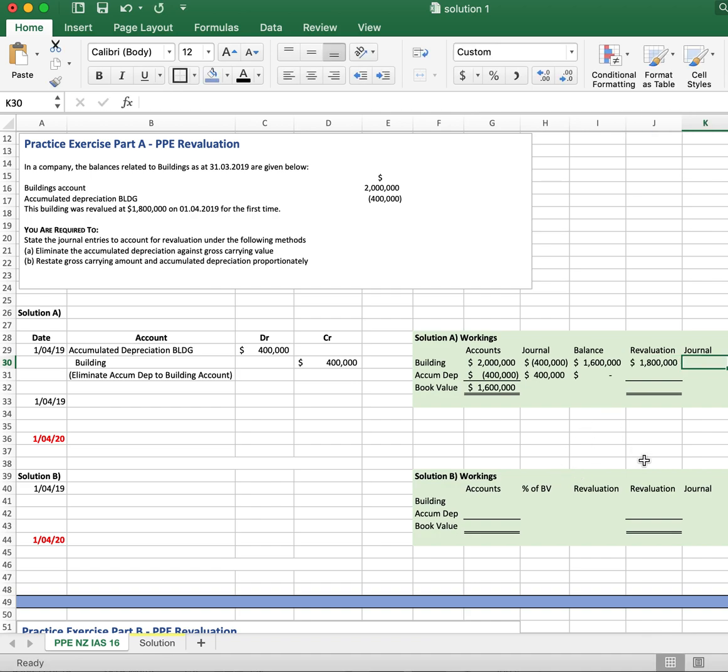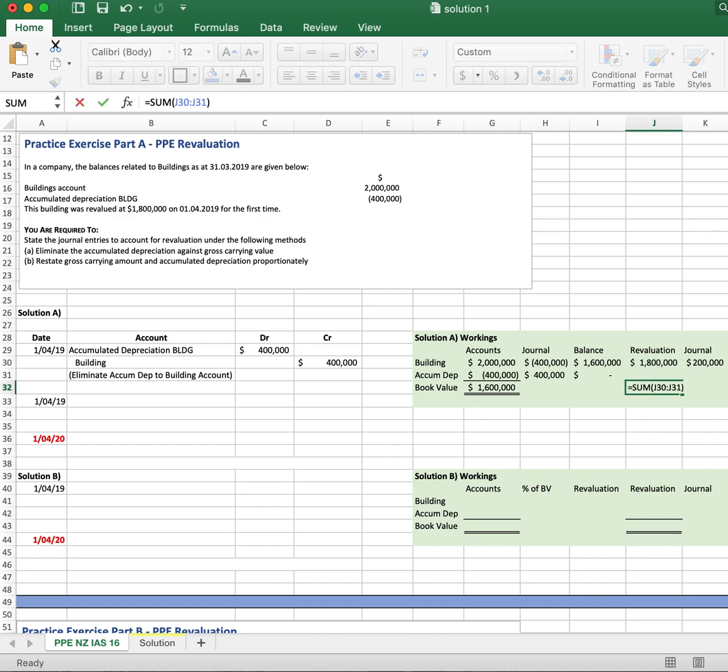So to get the right value in the building account, we're going to have to do a journal to increase that by 200,000. That's pretty straightforward, you probably could have done that in your head.